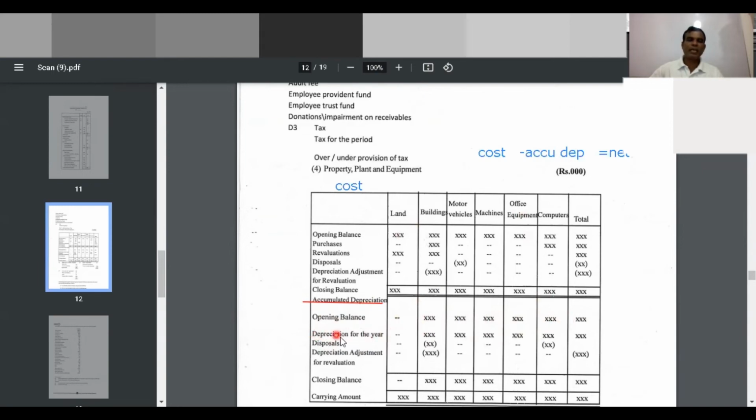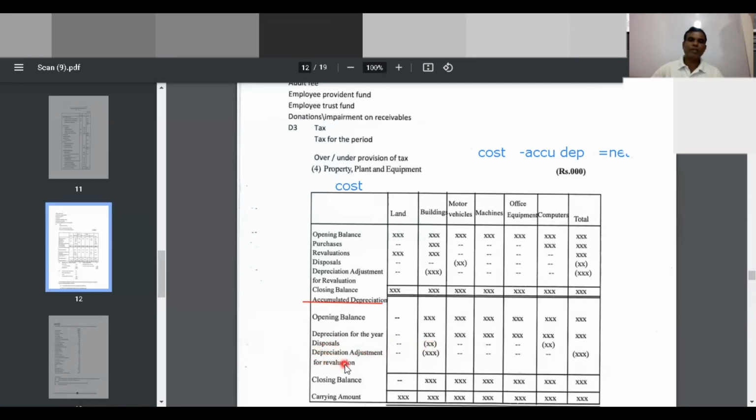And then if there is any annual depreciation, it should be added. If there is any disposal of asset, the accumulated depreciation so far should be subtracted at the point of disposal. Understand?